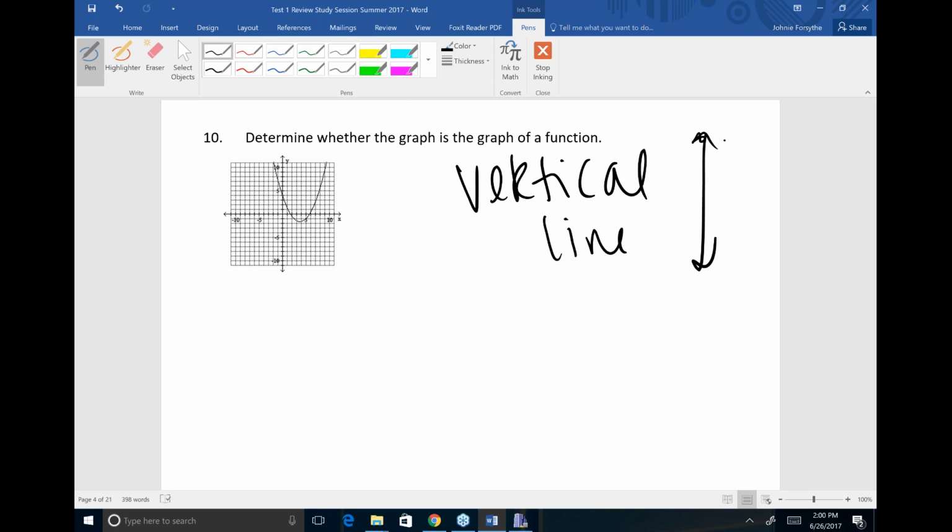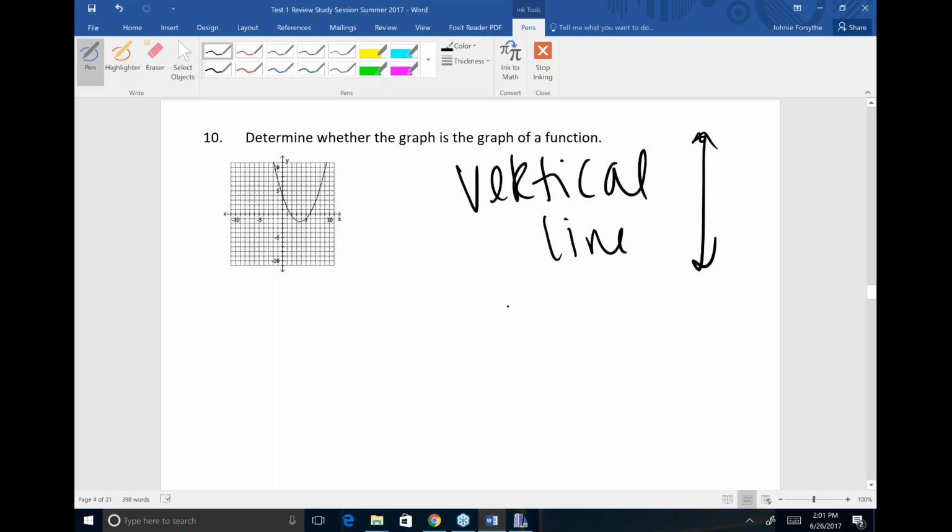So to pass the vertical line test, your graph must only cross that vertical line one time, no matter where you put it. If I drew it here, it only touches it one time. If I drew it here, it only touches it one time. If you were to take a pencil and go across the graph, there's never anywhere it would touch your graph more than once. Okay?